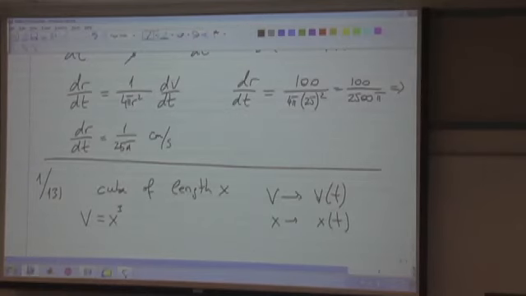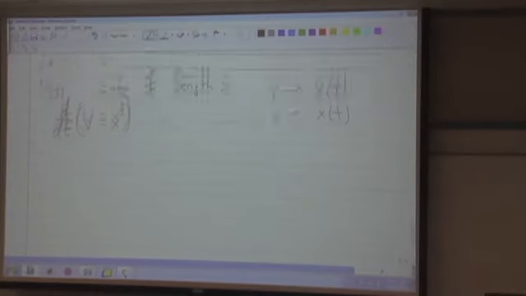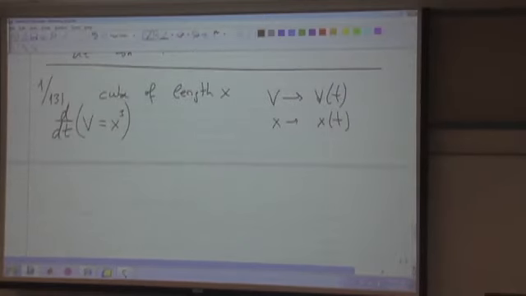And you're asked to find dV over dt in terms of dx over dt. So what we've done so far, again, is just apply the derivative on both sides. What do we get on the left-hand side? dV over dt. And what do we get on the right-hand side? 3x squared dx over dt.